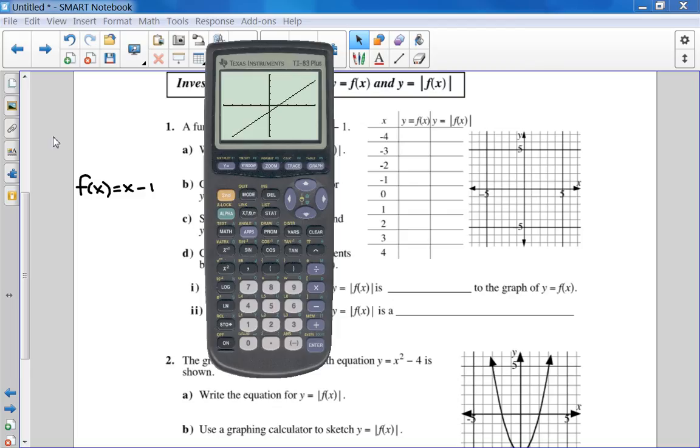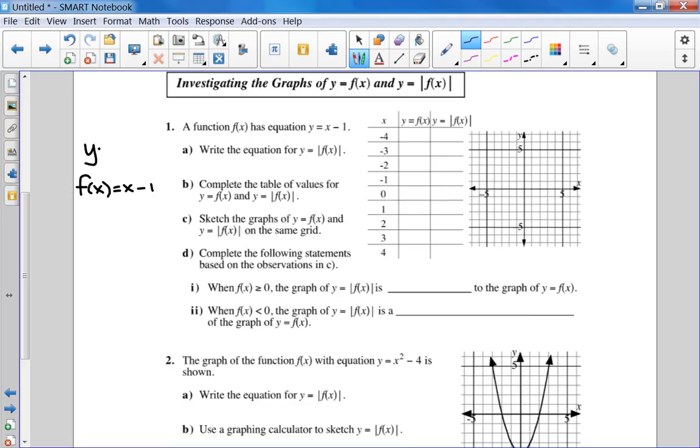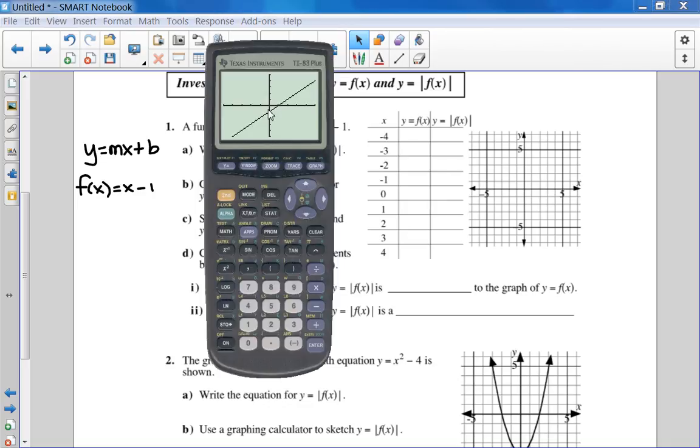So what do you see? A straight line. Obviously the function is linear. The y-intercept is -1, so I'm just going to jot down y equals mx plus b for you. Again, y equals mx plus b. We can see that the y-intercept is -1 and the slope is 1. You can see it's going over 1, up 1, over 1, up 1, over 1, up 1.